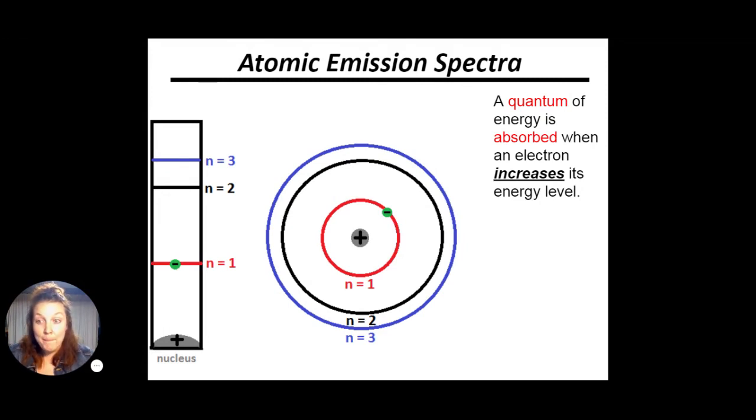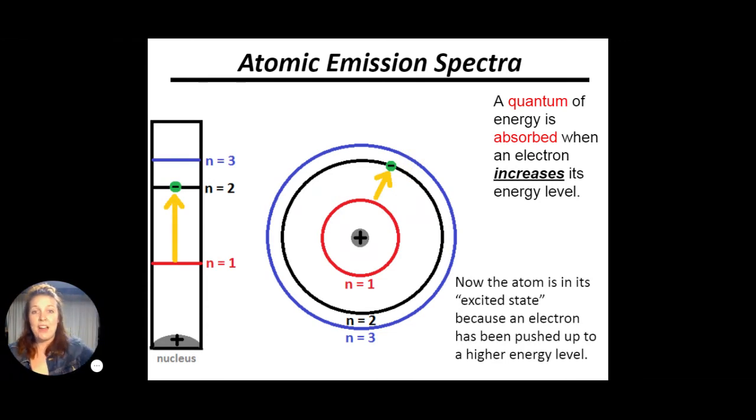To push something uphill or up an energy level requires energy. So we have to put energy into the atom in order to move that electron. So put energy into the atom, you're going to push that electron up to the higher energy level, and now we have an atom that's in its excited state. And this is because the electron has been pushed up to a higher energy level.